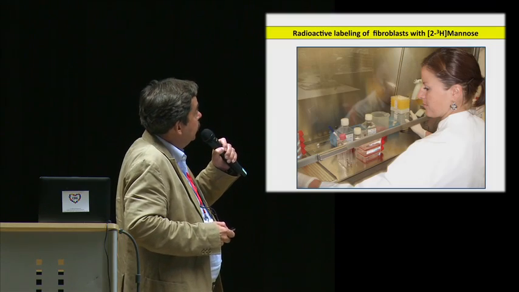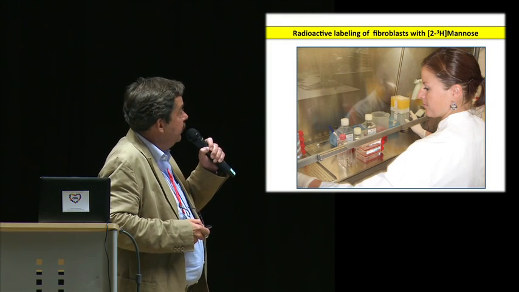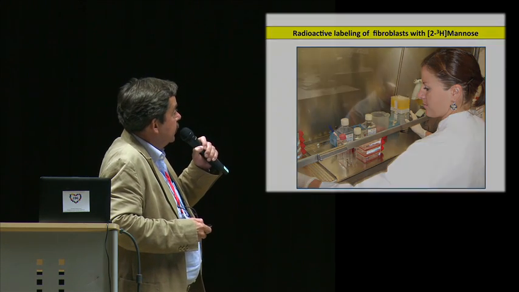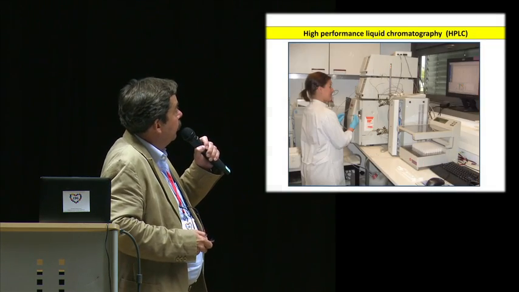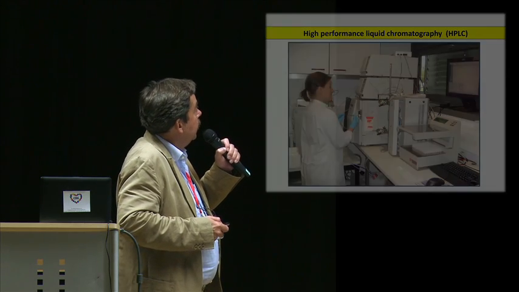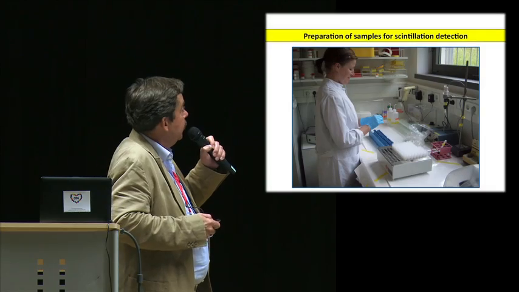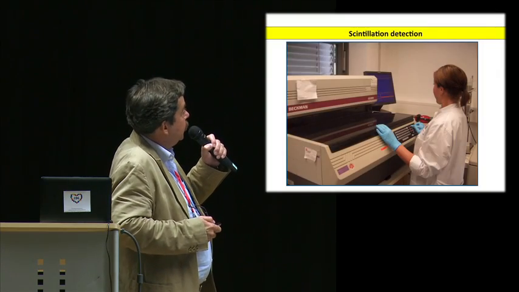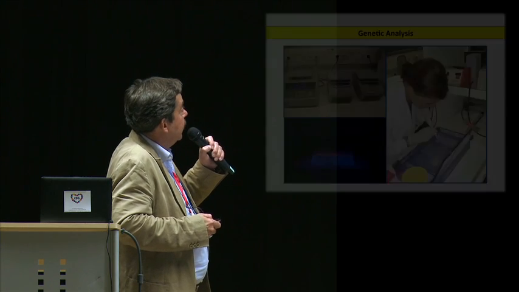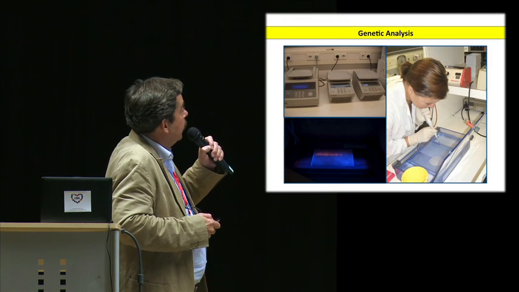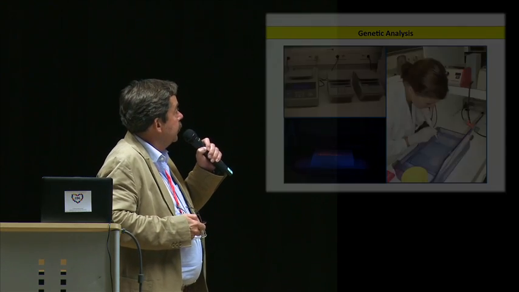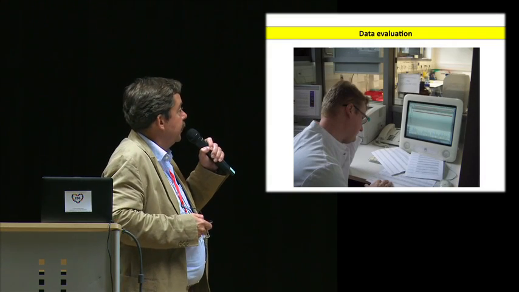We then start with labeling of skin fibroblasts of the patients with radioactive mannose, and perform high-performance liquid chromatography on them, preparation of the samples, scintillation detection, evaluation of the scintillation, and then afterwards the genetic analysis on patient cells, and for sure the data evaluation.